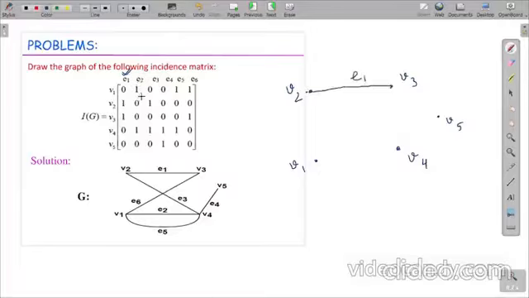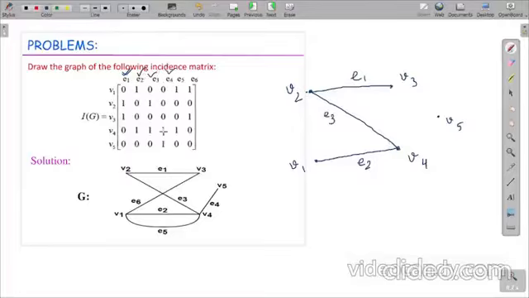Edge E2 connects V1 and V4. Edge E3 connects V2 and V4.